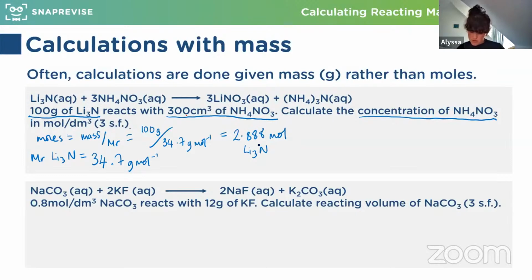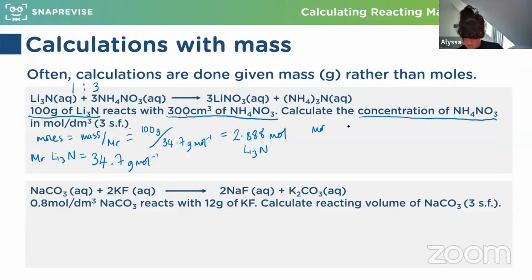How many moles of ammonium nitrate do we have then? We've got 2.88 moles of lithium nitride. So how many moles of ammonium nitrate must we? Yeah, good. We need to use the molar ratio, which in this case is an interesting 1:3. Lovely. That looks good. Yeah, brilliant. Well done, all of you. That's fabulous.